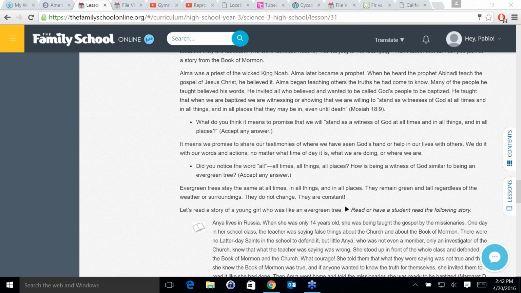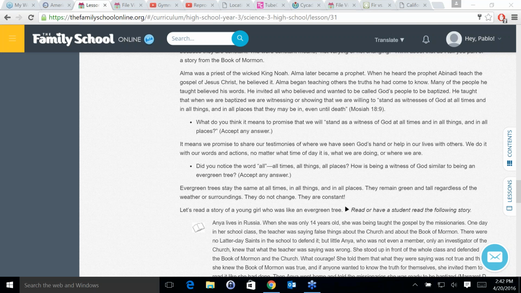As it says here, it means we promise to share our testimonies of where we have seen God's hand in our lives with others. We do it with our words and actions, no matter what time of day it is, what we are doing, or where we are. So you notice the words all things, all places, and all times?